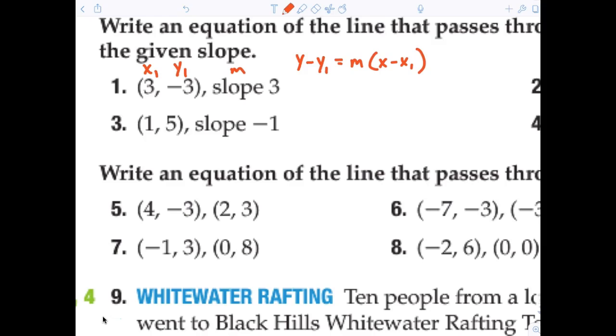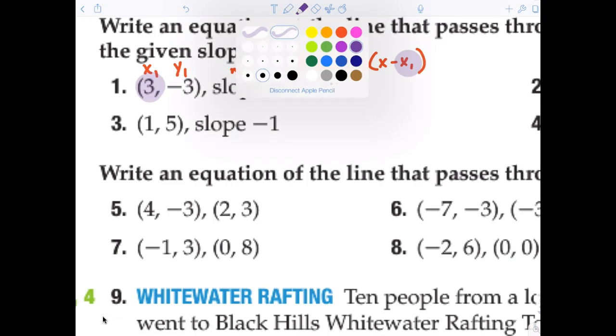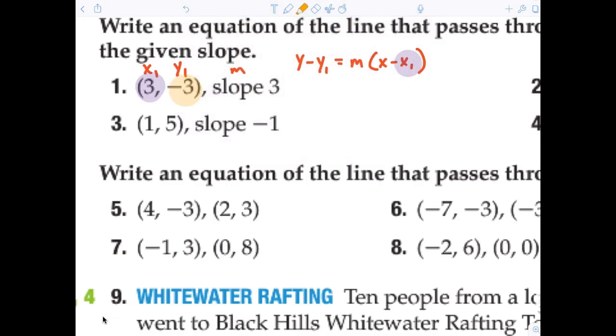Now, all you're doing is making a substitution. To make this substitution, this 3 right here goes in for this x1. This negative 3 goes in for y1. And this slope goes in for the slope right there.